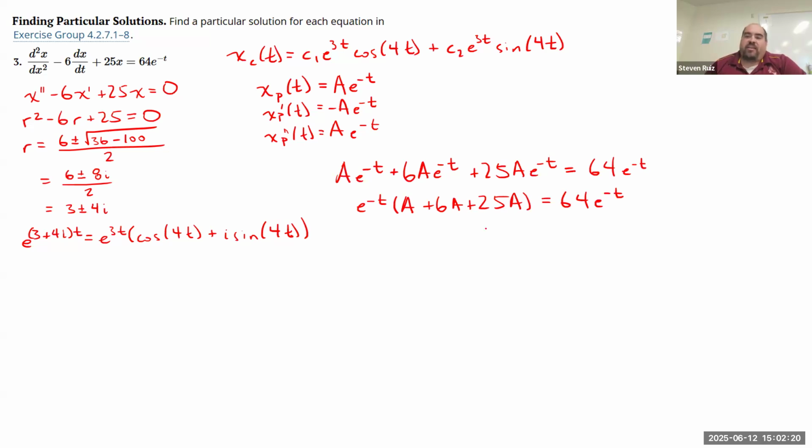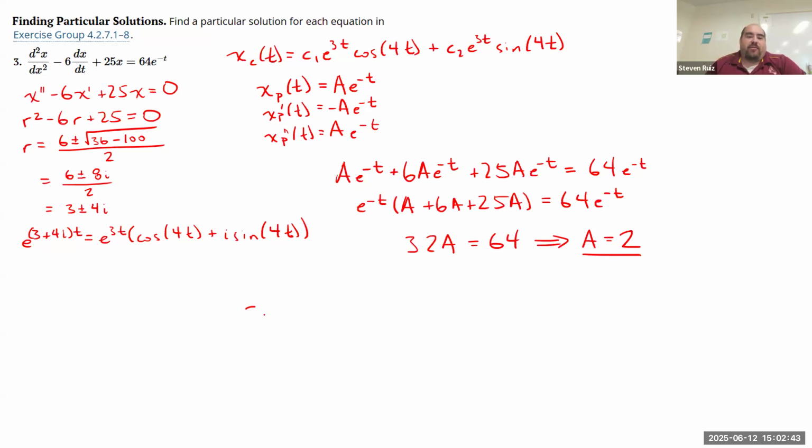The coefficients of e to the negative t have to be identical on either side. So on the left I have 25a plus 6a plus a, I have 32a equals 64, which means that a equals 2, which allows me to lock in what exactly my particular solution is.